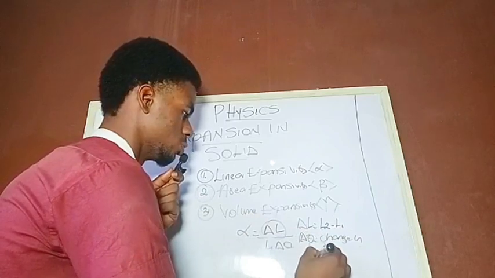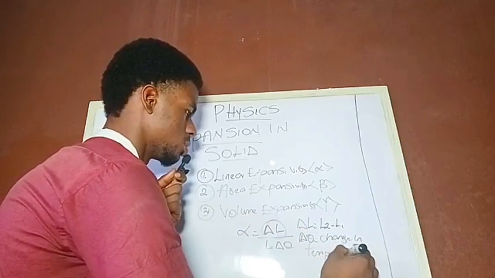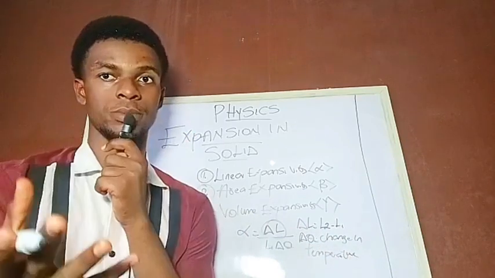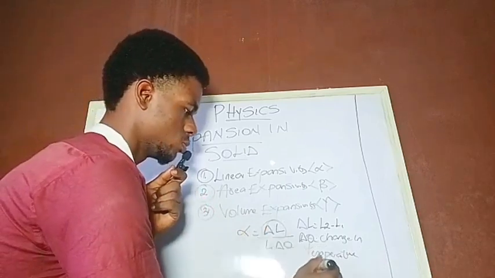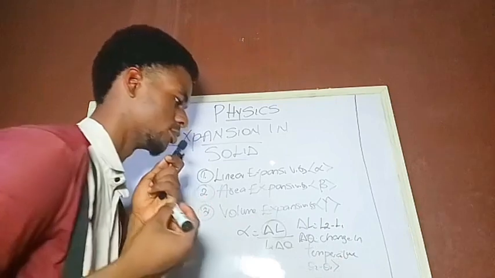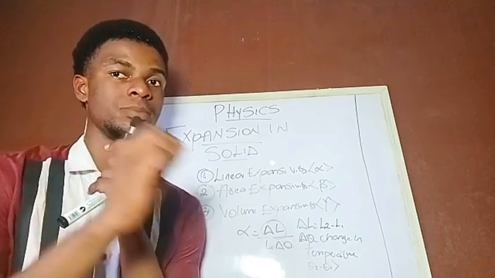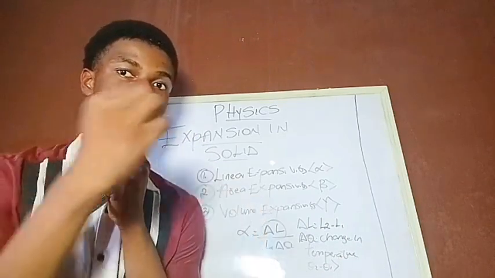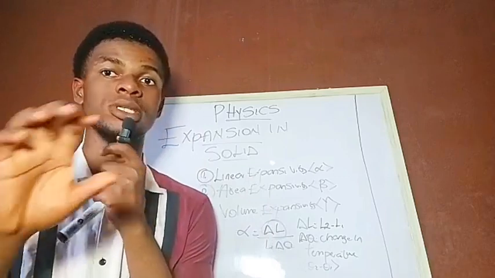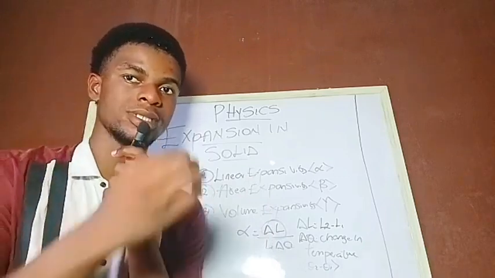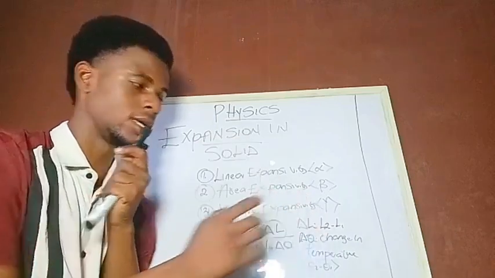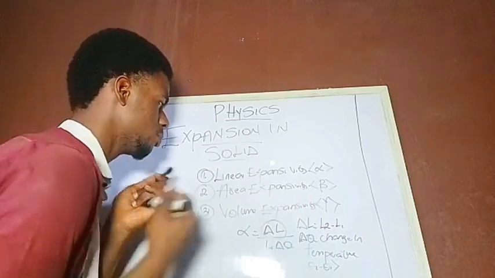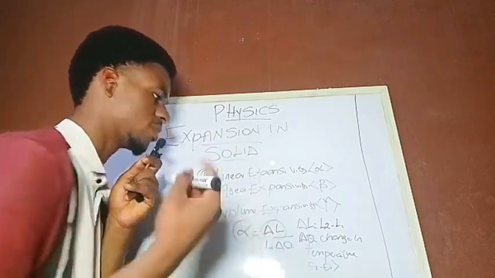Some people call it delta temperature. This temperature is theta 2 minus theta 1, meaning the second or final temperature, depending on the textbook, minus the initial temperature. That is delta theta. So this is the symbol for linear expansivity.